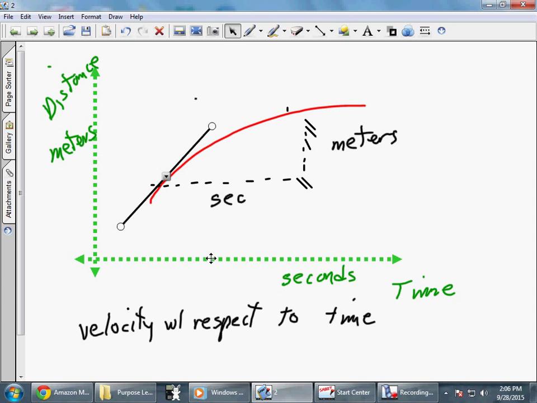So the average velocity becomes what? Well, in terms of a tangent line, that's fine. It's a tangent, but in terms of velocity, how could we describe that?